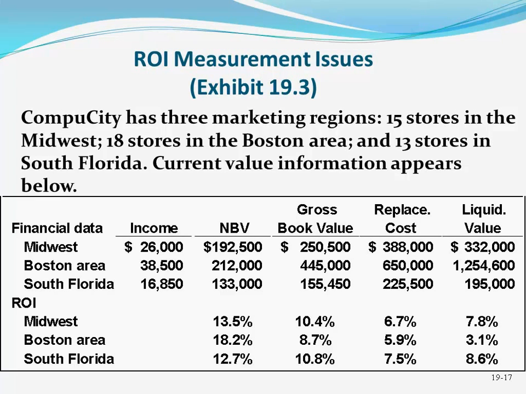If we wanted to guess, what is a reasonable likelihood why the liquidation value for the Boston area is so high? A guess. We don't know. We can just guess before we take a check.